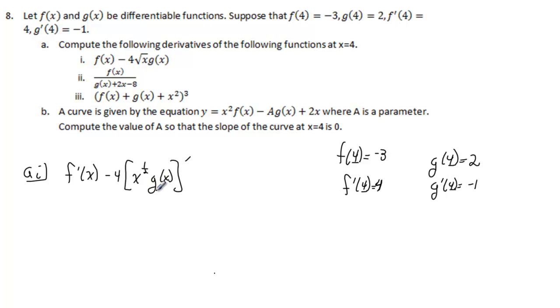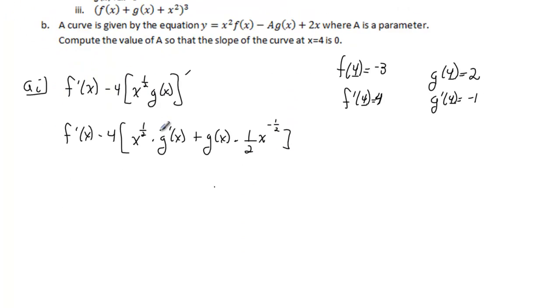So in order to take this derivative, I'm going to have to use the product rule. I will have my first function, x to the 1/2, times the derivative of my second, g prime of x, plus my second function, g of x, times the derivative of my first, which is 1/2 x to the -1/2 power.